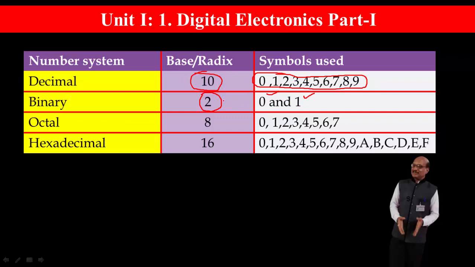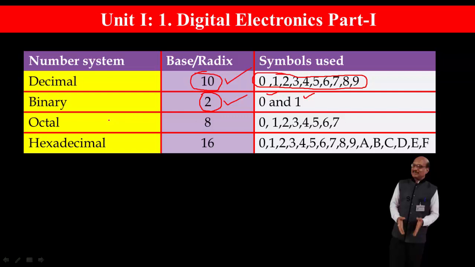Therefore here the base of this binary number system is 2. Usually it is also called as radix of a number system. So radix or base of number system is nothing but number of symbols used in that number system. So in decimal number system we use 10 basic symbols. So base of this decimal number system is 10.